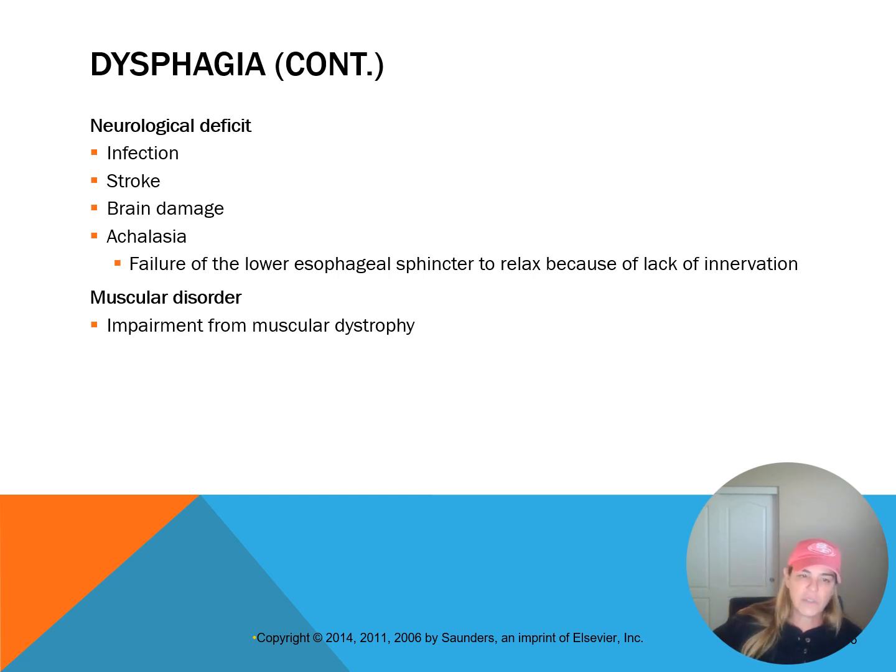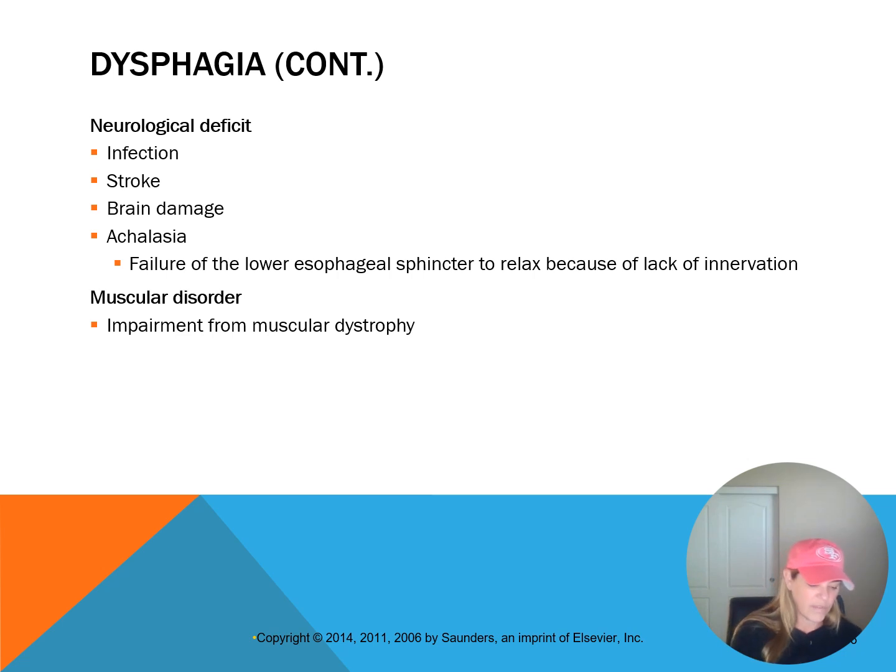Again, neurological deficit can include infection, stroke, brain damage, or a lack of nerve response. So your esophageal sphincter does not relax because it lacks innervation, it's lacking the nerves. With a muscular disorder, muscular dystrophy will cause dysphagia because of muscle weakness.